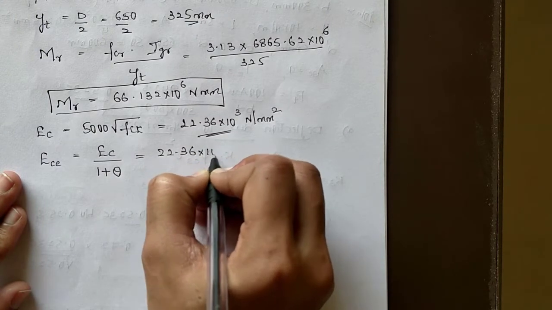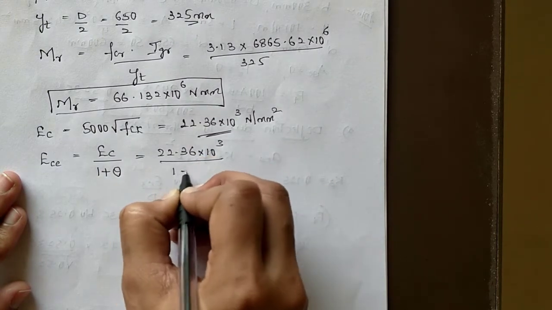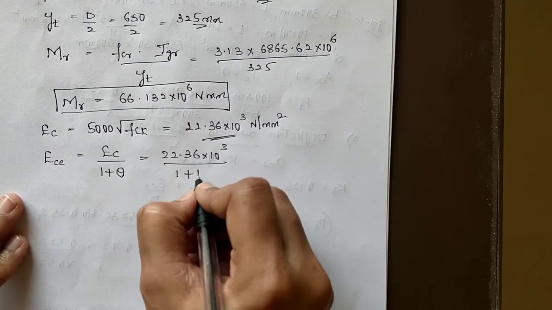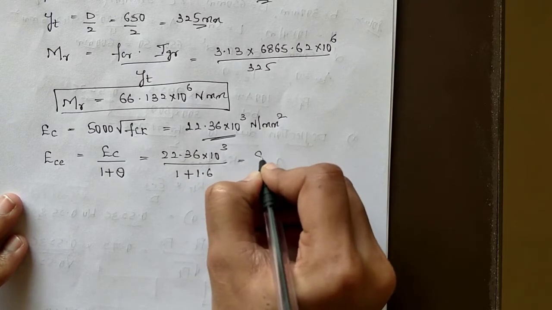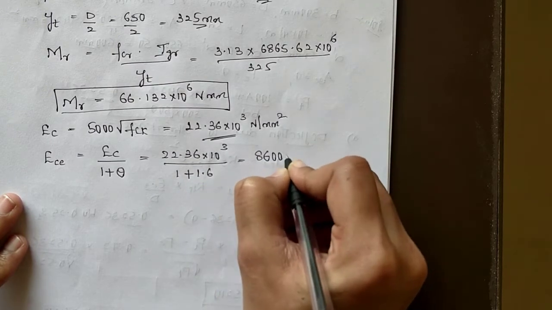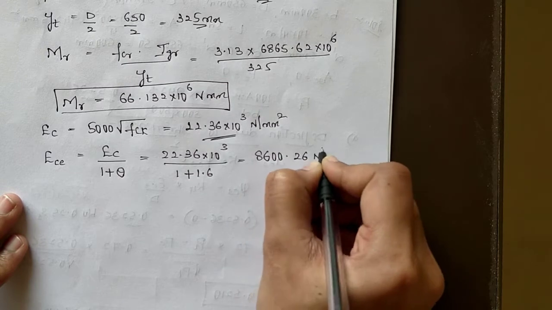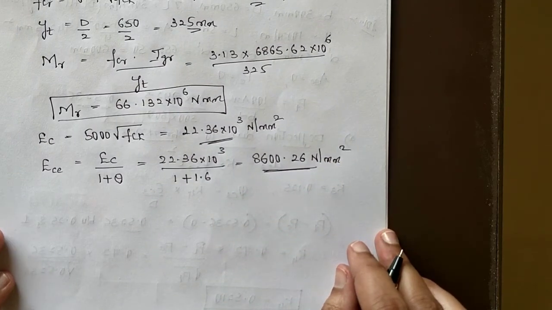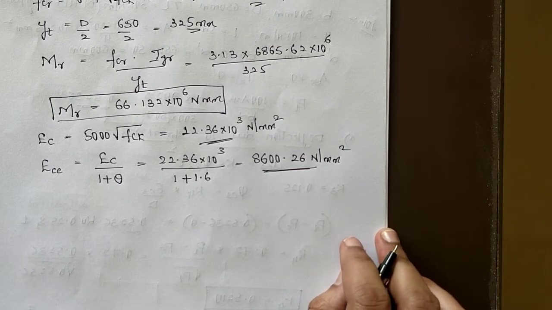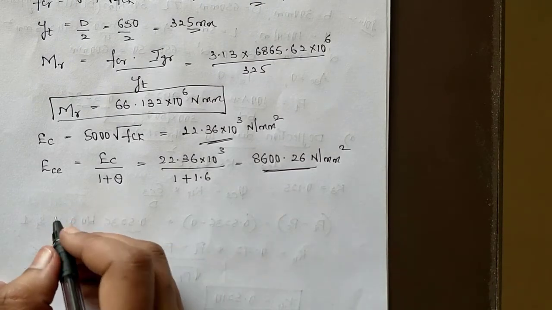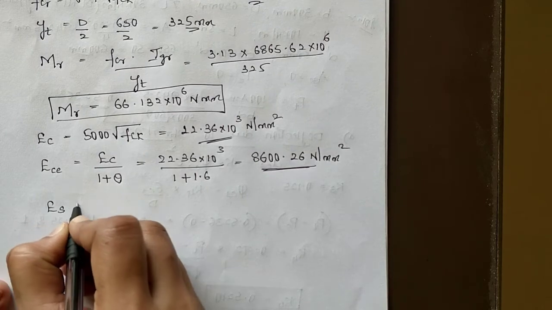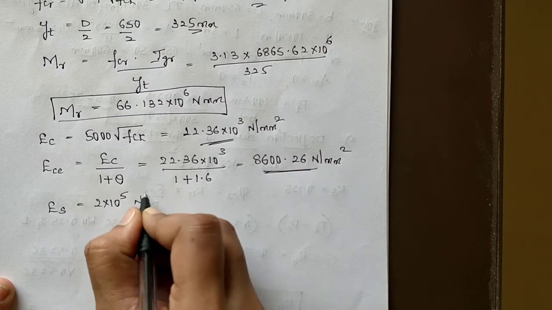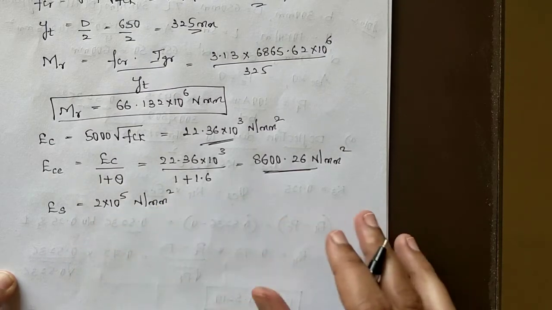Ec value is 22.36 into 10 to the power of 3, divided by 1 plus the creep coefficient they have given in the problem, that is 1.6. Okay, you will get it as 8600.26 Newton per mm square. This is the effective modulus of elasticity for the concrete. Take Es equals 2 into 10 to the power of 5 Newton per mm square, the modulus of elasticity for the steel.